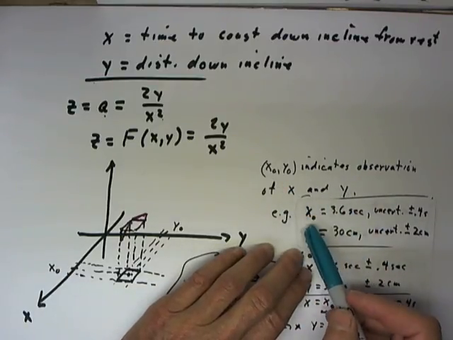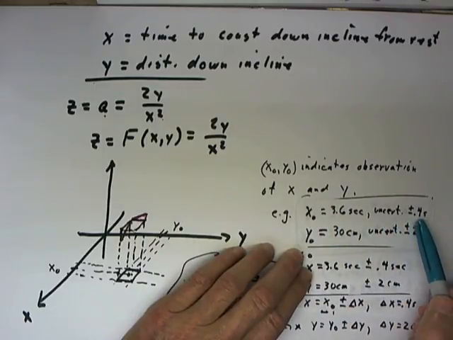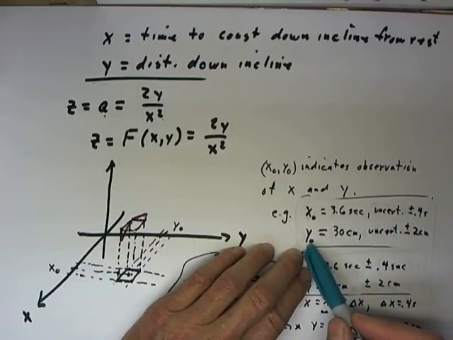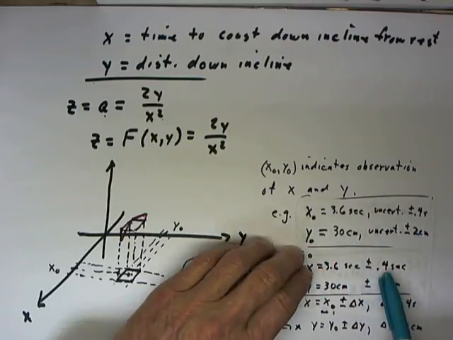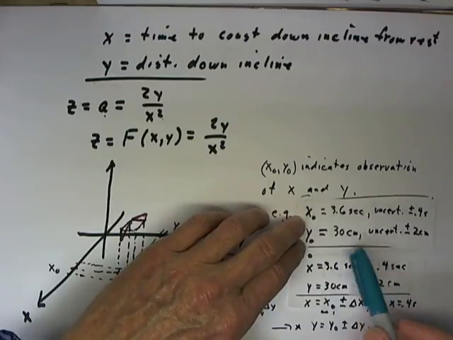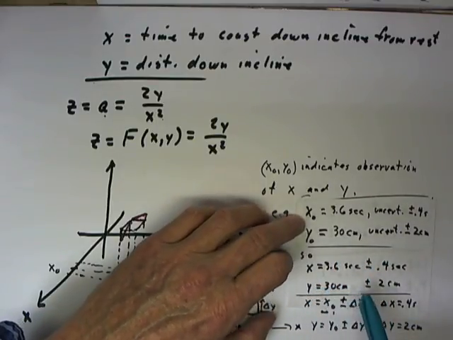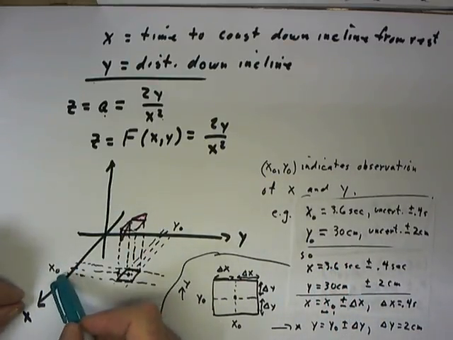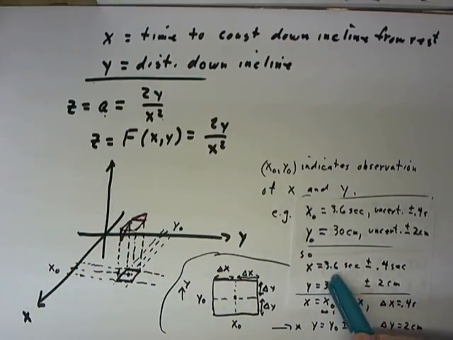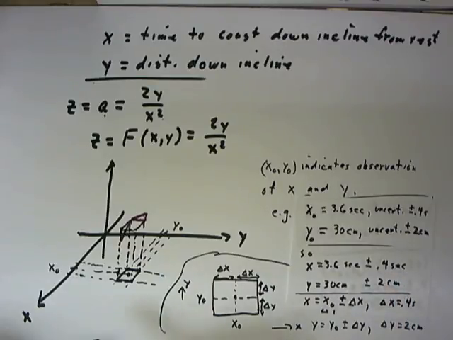For example, if our observation is x naught equals 3.6 seconds with an uncertainty of plus or minus 0.4 seconds, y naught equals 30 centimeters, uncertainty plus or minus 2 centimeters, then we expect that our x value will lie somewhere between 3.6 seconds minus 0.4 seconds and 3.6 seconds plus 0.4 seconds.